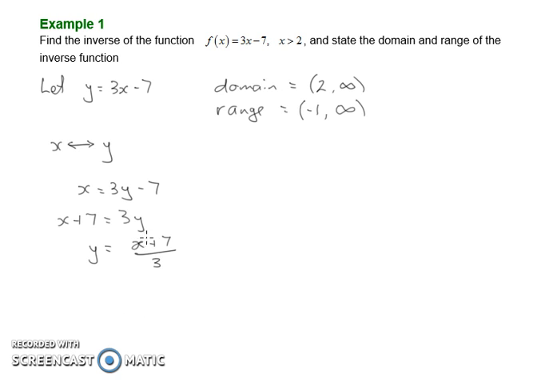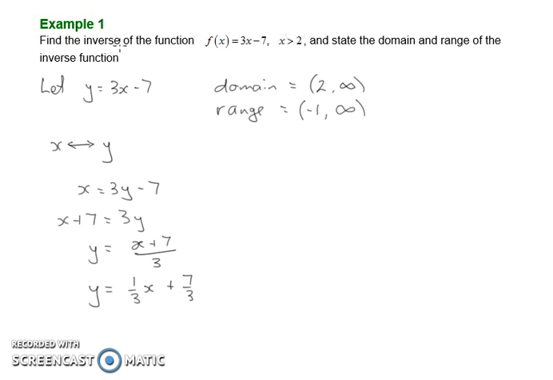We can see that this is going to be a linear function, so it might be best to write it in a slightly different form, like y equals mx plus c. So y will equal 1/3 x, or x over 3, plus 7 over 3. So that is the rule for our inverse.